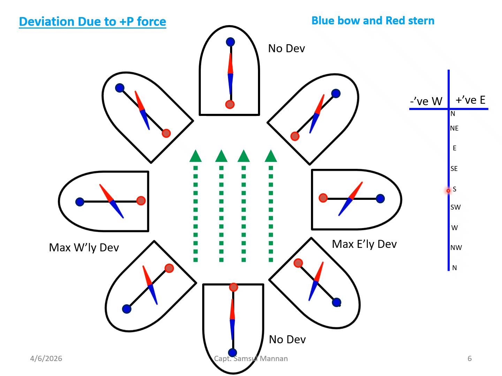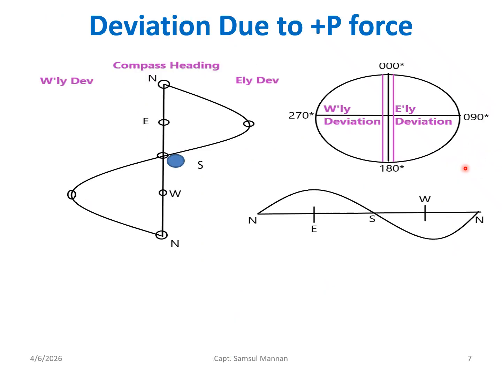If we make a graph and take these values from this picture, the graph will look like that, right? And it looks like a sine curve, right? So that means for P force there will be a sine curve, and if it is a plus P force, the maximum easterly deviation will occur on the easterly heading, right?